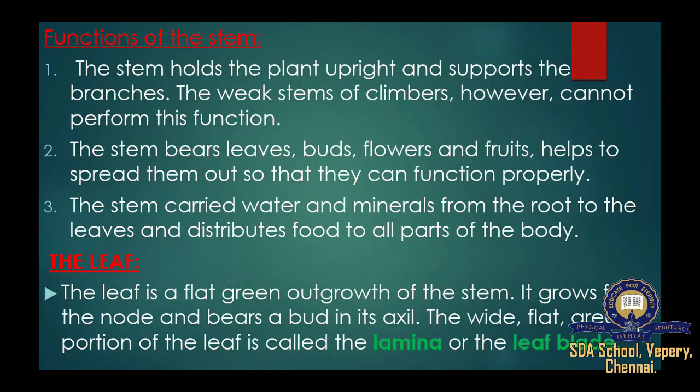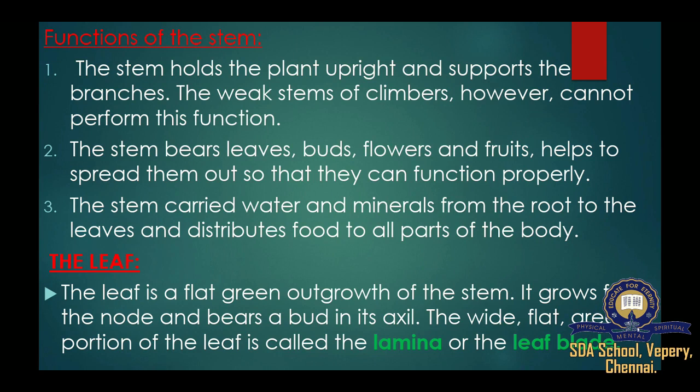The topic is functions of the stem. Stems hold the plant upright and support the branches. The weak stem of climbers, however, cannot perform these functions because the weak stem cannot hold the plant. Stems bear leaves, buds, flowers and fruits and help to spread them out so they can function properly.